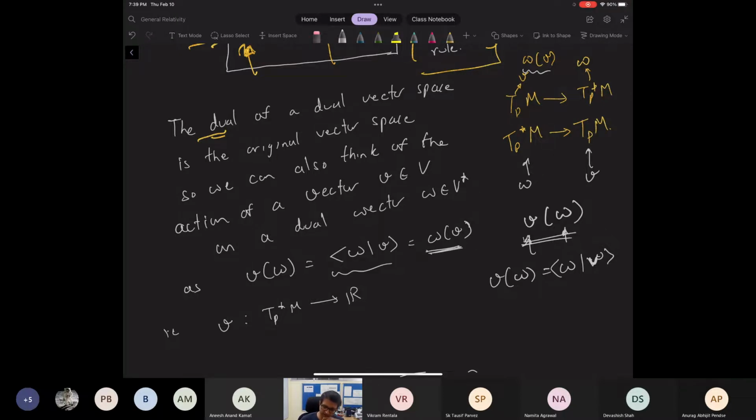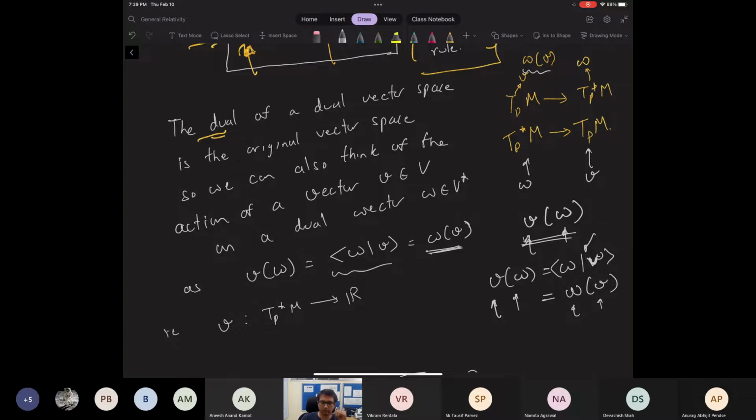So this action of v on omega is the same as the previous action we had defined of omega on v. Instead of thinking of this inner product as the action of the dual vector on the vector, you can alternatively think of it as the action of the vector on the dual vector.